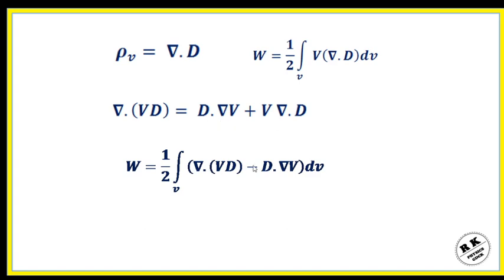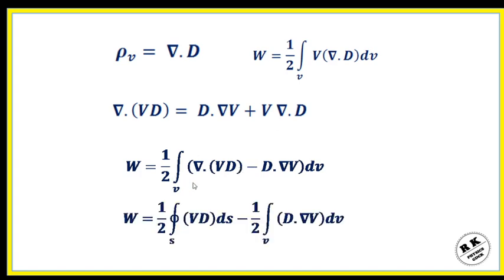Now notice that the first term is a volume integral having a divergence. It is the volume integral of the divergence of a vector. So from the Gauss divergence theorem we can replace it using a surface integral.